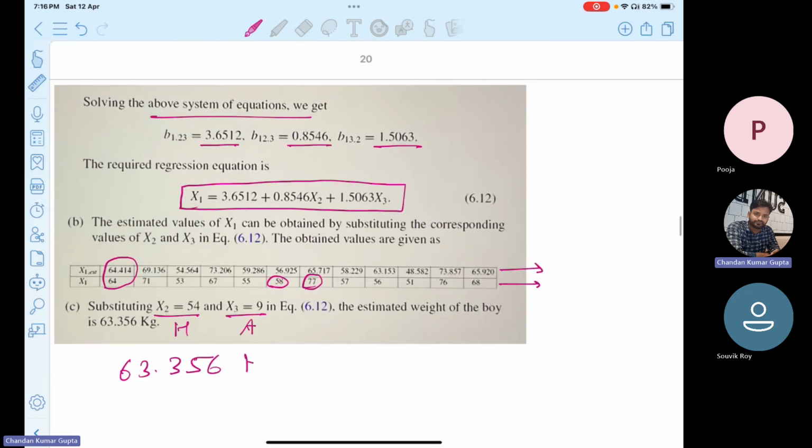So here, a boy of 9 years of age has an average weight of approximately 63.356 kg. Okay, so this is how we predict with the help of correlation and regression analysis.